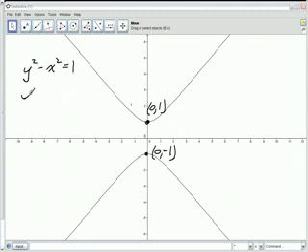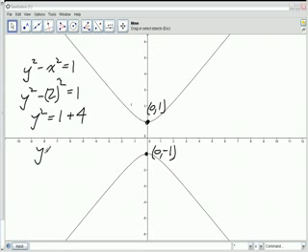Well, let's just put in another point. Let's take y squared minus 2 squared equals 1. So you can kind of see where I'm going with this. y squared is going to equal 1 plus 2 squared, or 4.